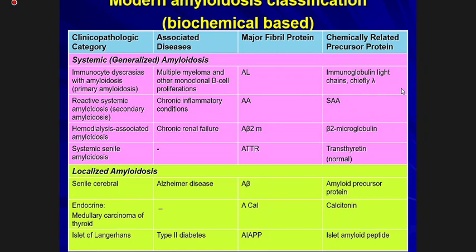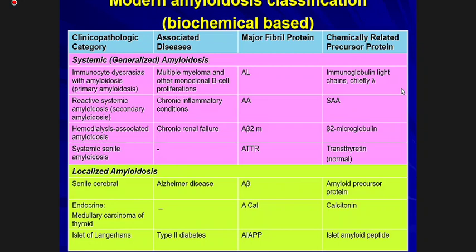This is formed by the protein secreted by the islets of Langerhans, which is islet amyloid polypeptide. The fibril form of this protein is called AIAPP protein. This can be found in a type 2 diabetes patient.